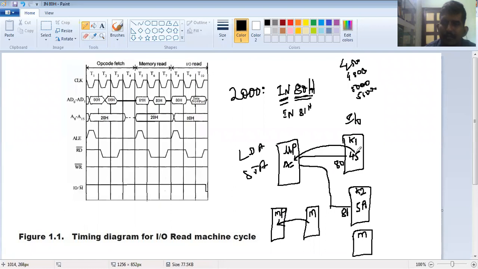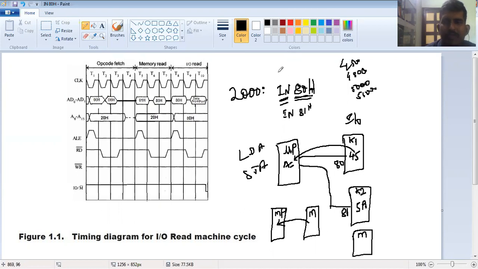Similarly, from the input/output device, from the outside device to the microprocessor, is what you do with the IN instruction. So your IN instruction is similar to your LDA instruction. Now you have understood, Kannan? Okay.